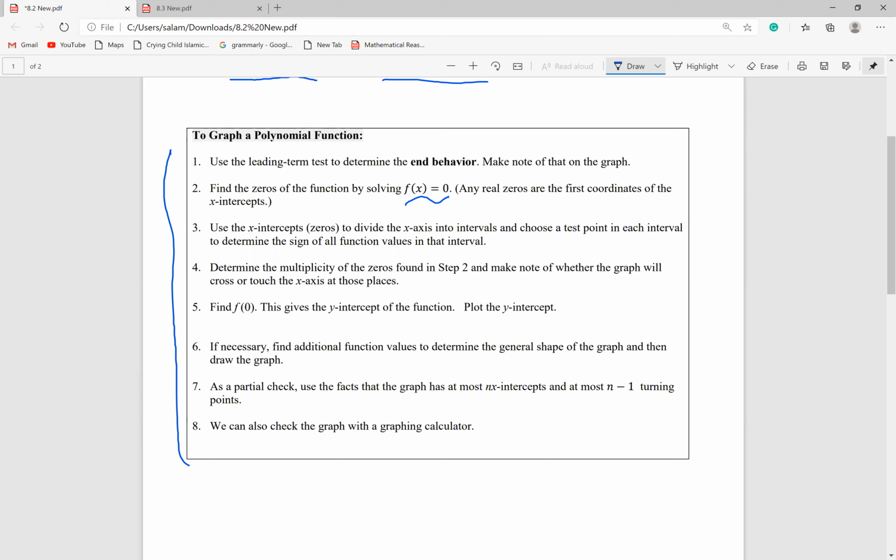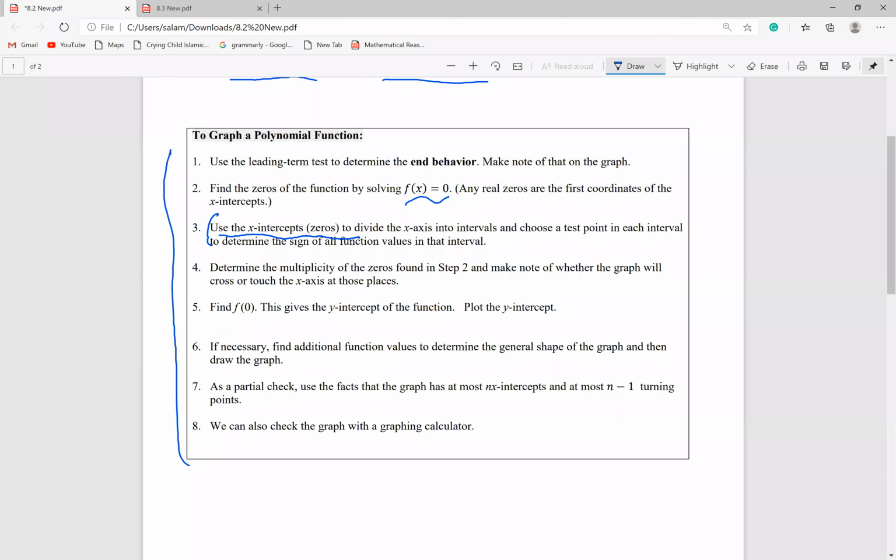Also we can use the x-intercepts, our zeros, to divide the x-axis into intervals and choose a test point in each interval to determine the sign of all function values in that interval. Like I said earlier, the way we plot a graph is the same. This is just telling us where we can assume our x. We're going to see all this in the example.